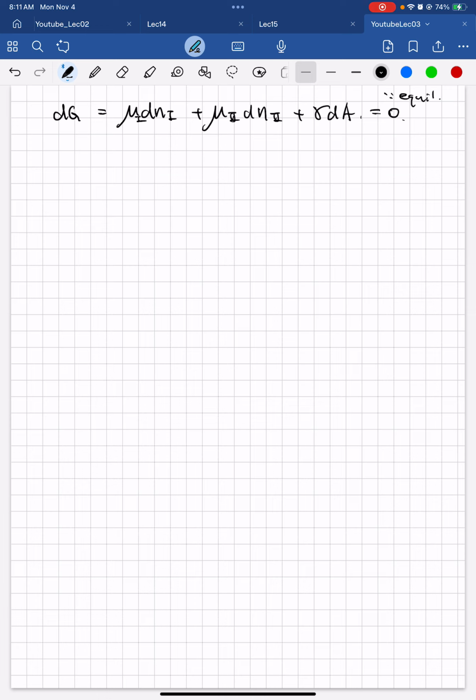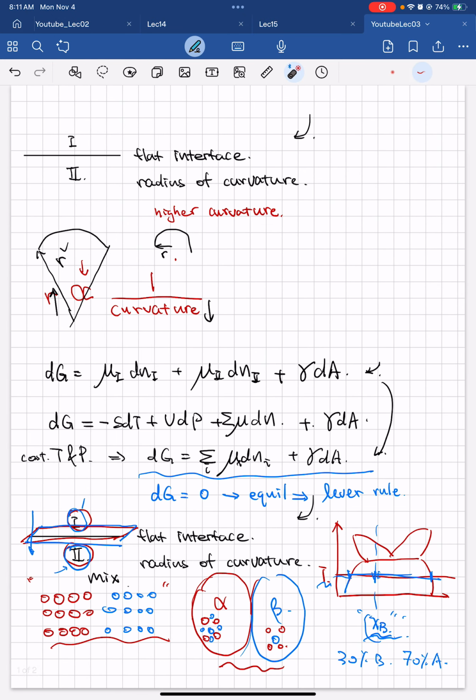Okay, then mu 1 dn1 plus mu 2 dn2 plus gamma dA is 0. And here the total amount of n1 plus n2 is N. So even though this is changing, and this is becoming 1, like the phase is moving, meaning that this amount of 2 became 1, alpha phase.